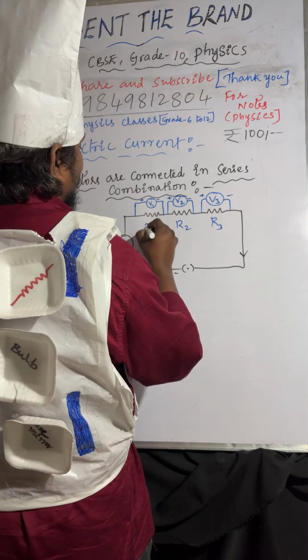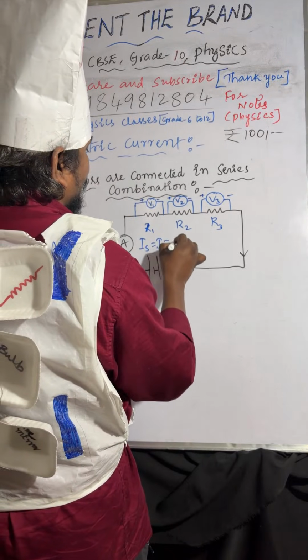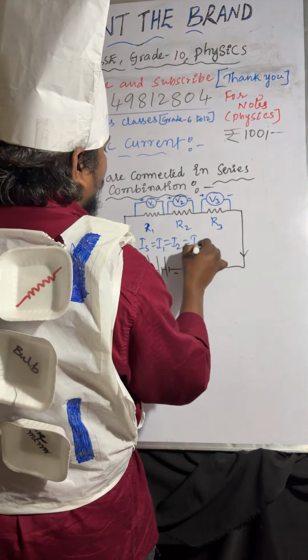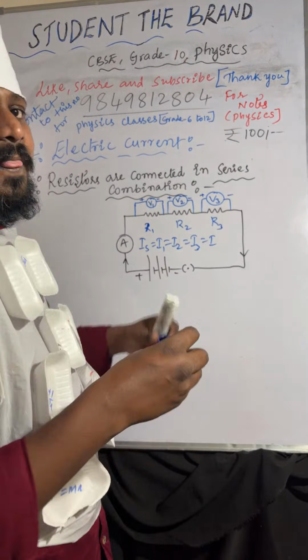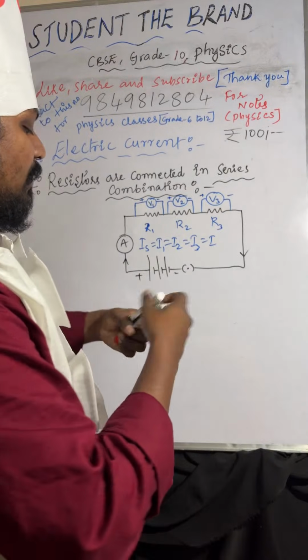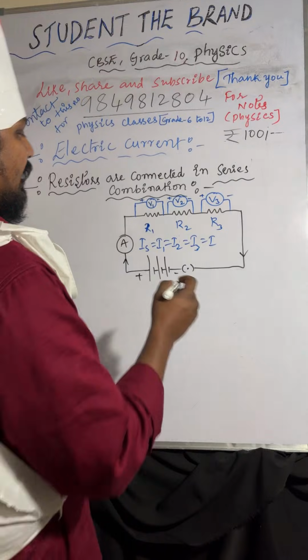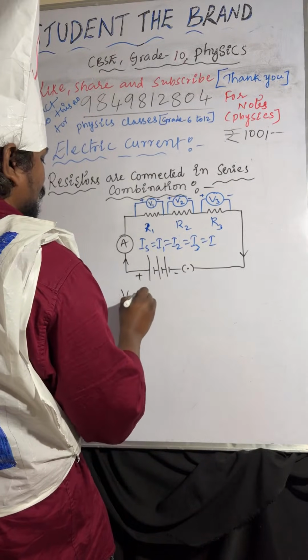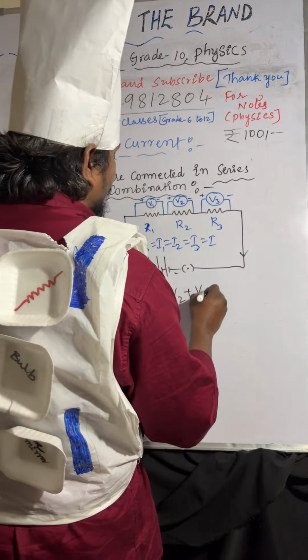Here the resistors are connected in series combination. Current is same, I1 equal to I2 equal to I3 equal to I, because current is same throughout the circuit, but potential difference is different. Then we can take Vs equal to V1 plus V2 plus V3.